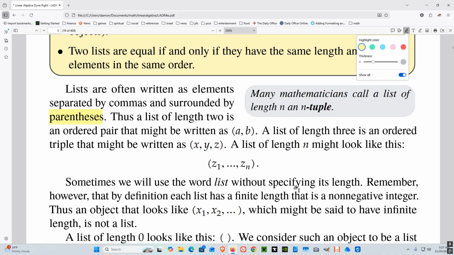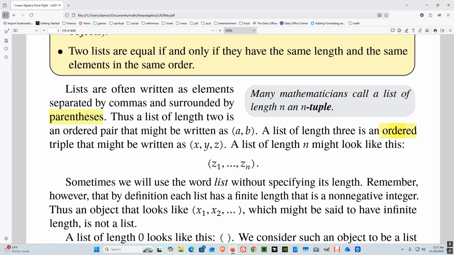The order matters. A list of length 3 is an ordered triple that might be written as (x, y, z).